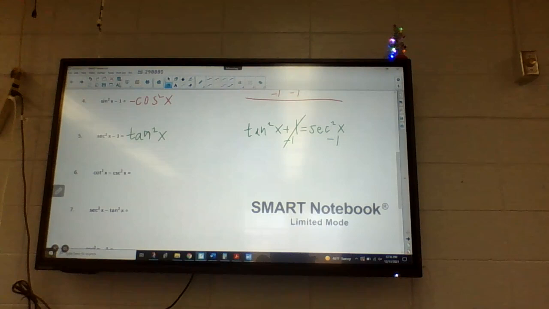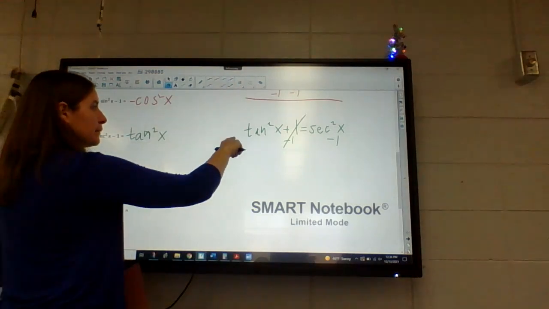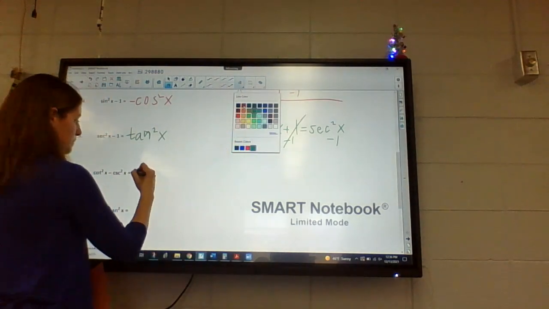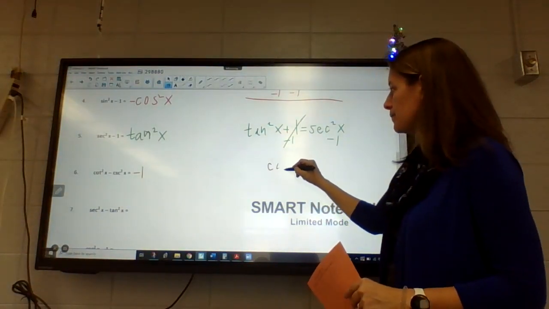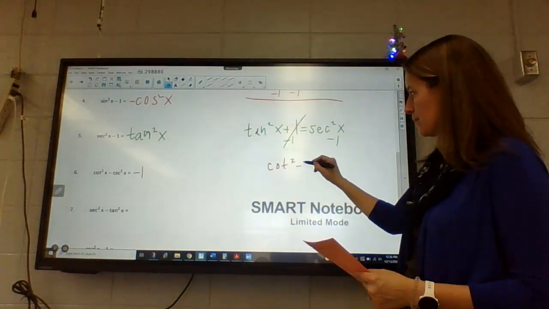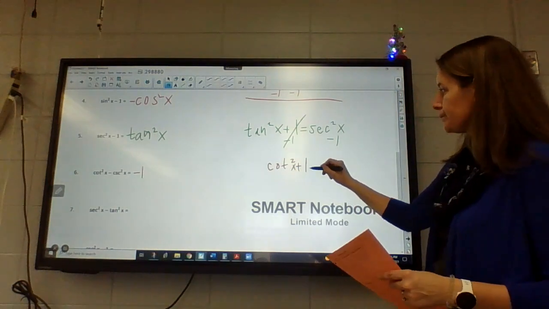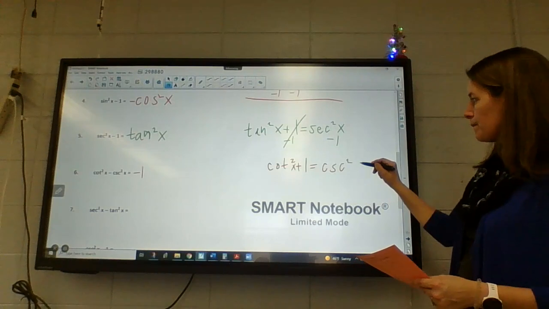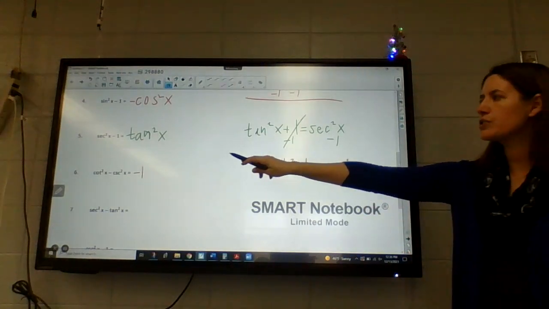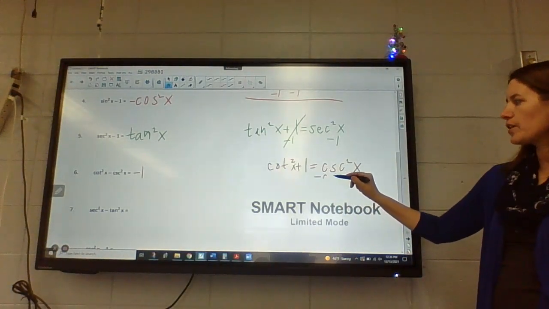Now, the next one here, we have cotangent squared minus cosecant squared. What did you guys get for that one? Negative 1. So let me get you through that as well. When we look at the next row down, I want those two to match. So I'm going to move this over first.